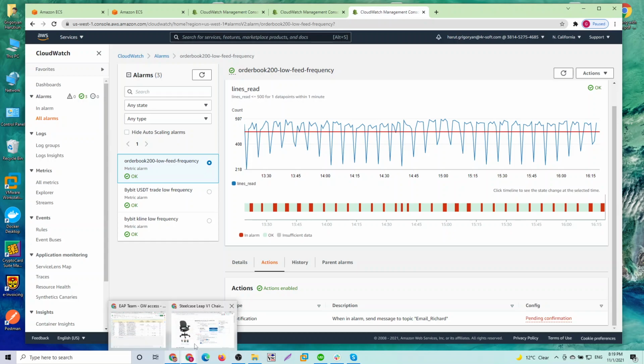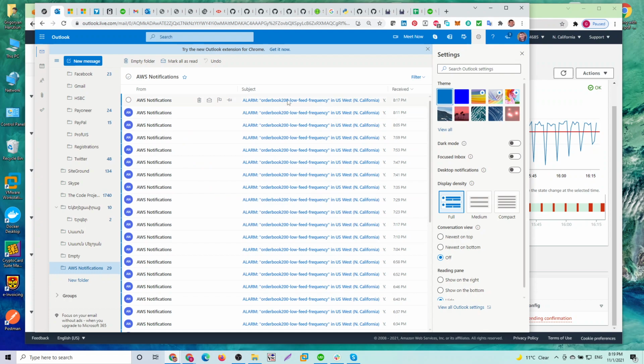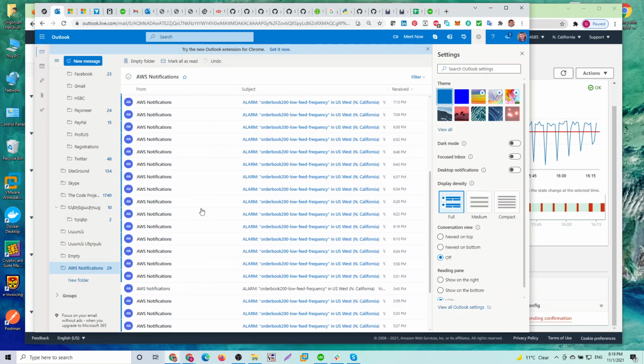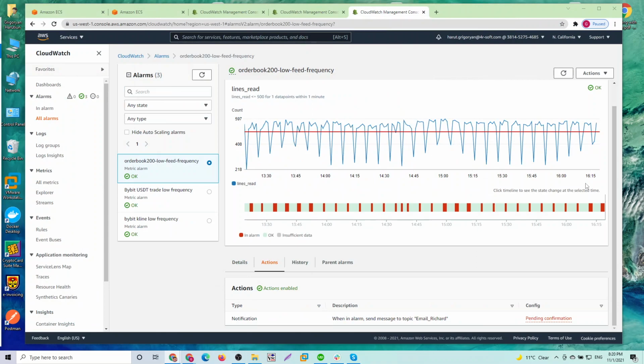So let me show those emails. I must have them here. Yeah. So these are all the notifications that we get from CloudWatch. For instance, the last one was at 20:17, but this is GMT plus 4, and this is GMT 0. So 2017 minus 4 makes 1617.